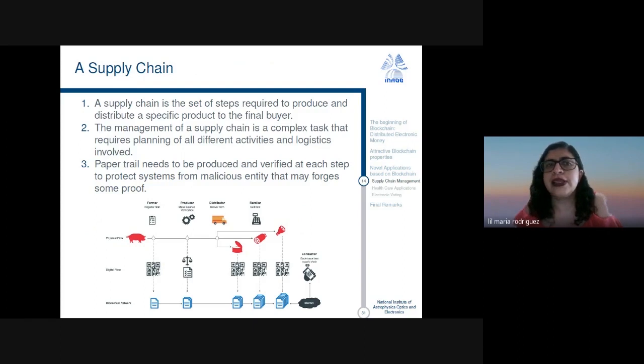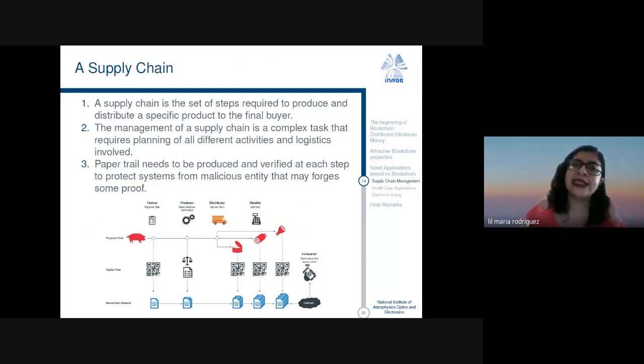The first one is supply chain. A supply chain is the set of steps required to produce and distribute a specific product to the final buyer. The management of a supply chain is a complex task that requires planning all the different activities and logistics involved.